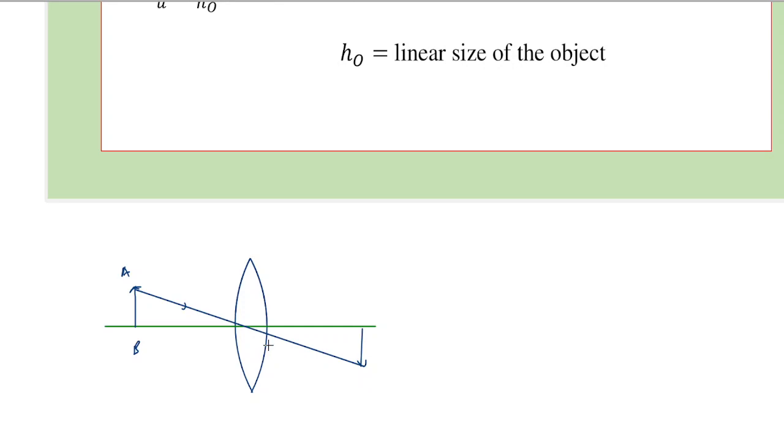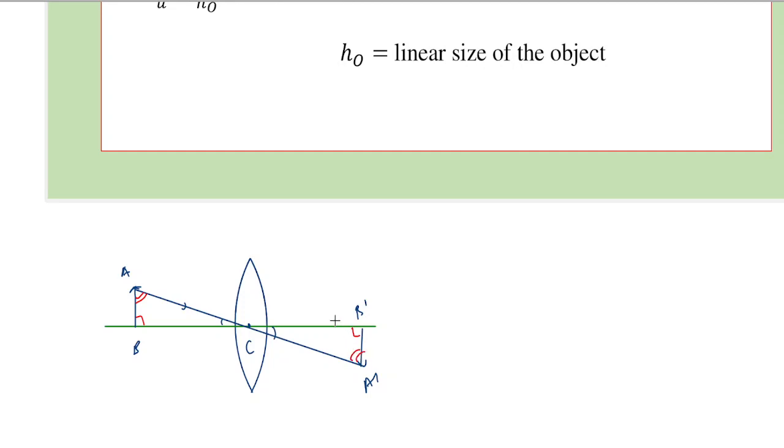We can prove by geometry that if you call this point C, and this is point A dash, this is point B dash, then by geometry we can prove that these two triangles are similar triangles. That is because this angle is equal to this angle, and also the angle made here is the same as the angle made here, because the object and image are always erect. So that would leave us with these two angles being equal.